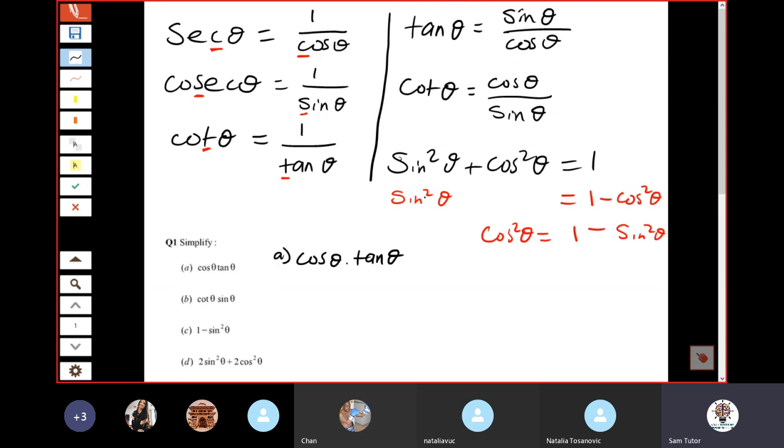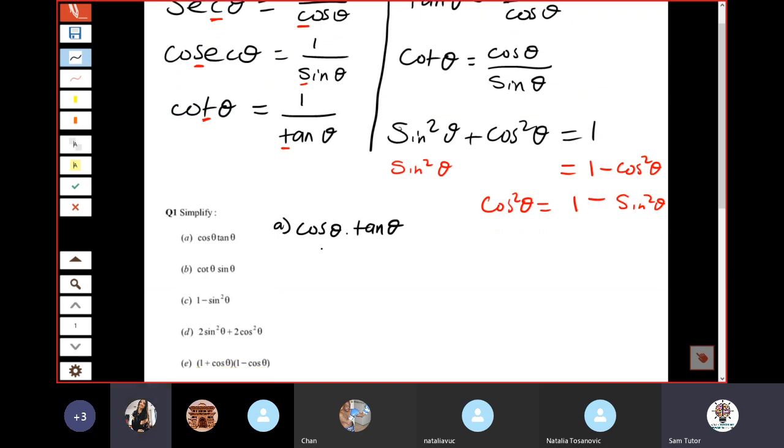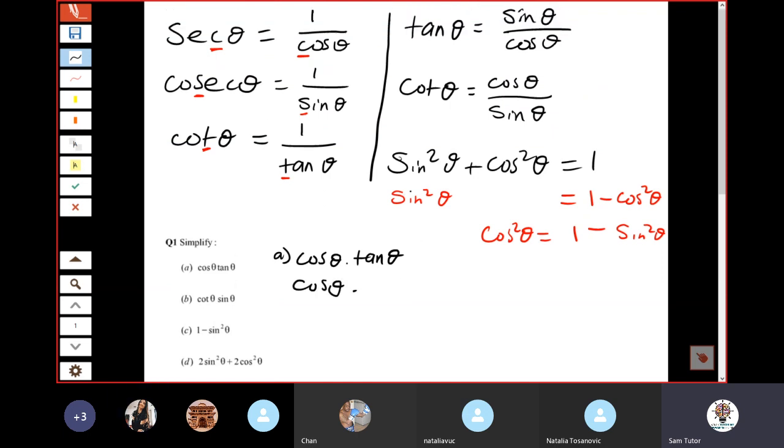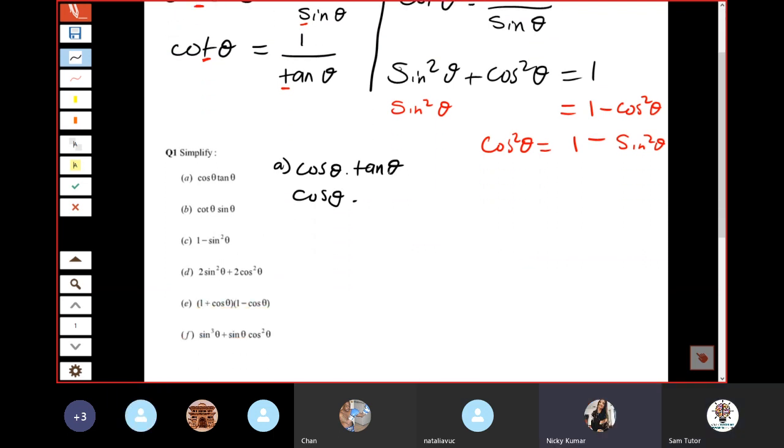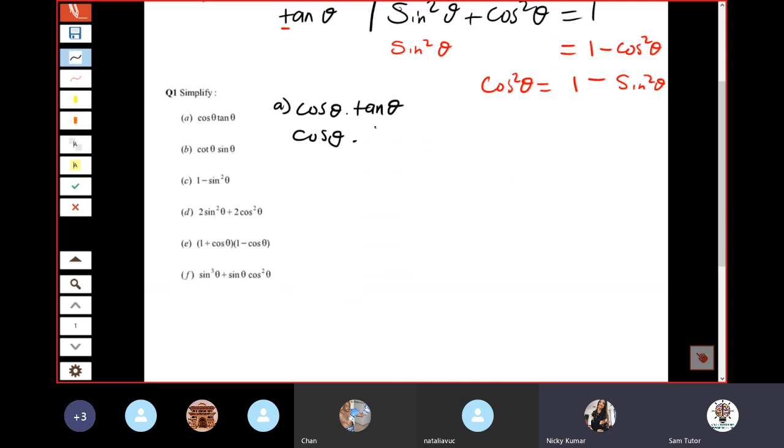You don't have anything that becomes cos theta. You agree? Yep. What do you know about tan theta though? You can change it to sine theta over cos theta. That's it. So tan theta becomes sine theta on cos theta, and then what would you do? Just bring cos theta over.